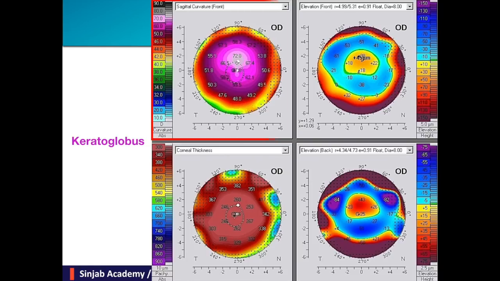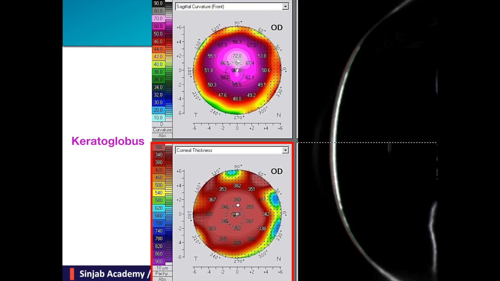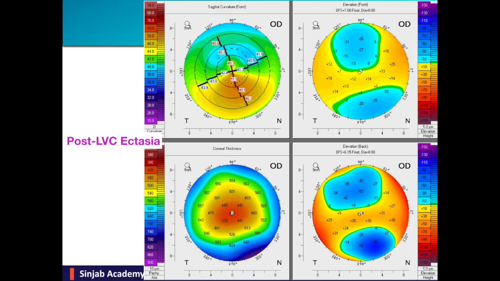In keratoglobus, we find generalized steepening on the anterior curvature map and generalized thinning in the corneal thickness map extending to the limbus. This is a case of keratoglobus. In post-laser vision correction ectasia, we may find any abnormality of the previous ectatic corneal diseases. However, it frequently takes the shape of keratoconus.